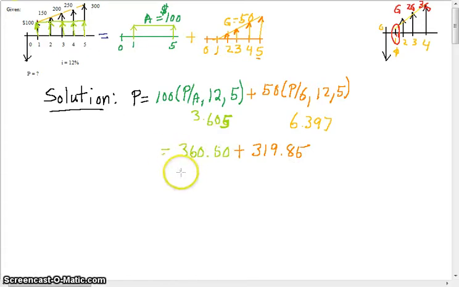And now we know P equals 360.5 plus 319.85, which is $680.35.